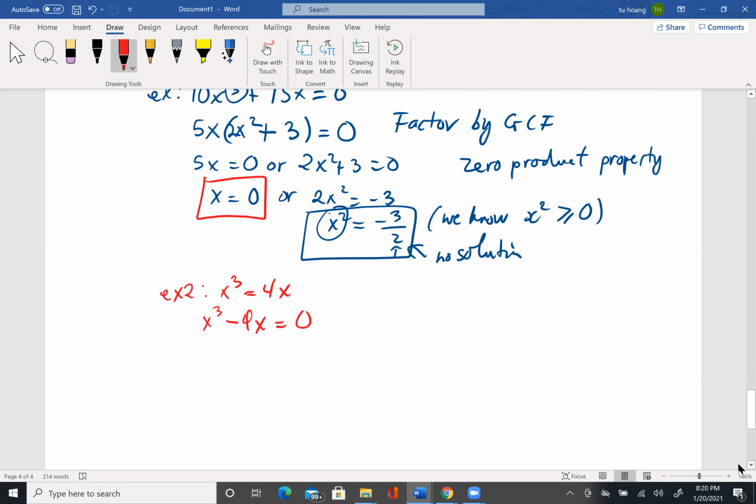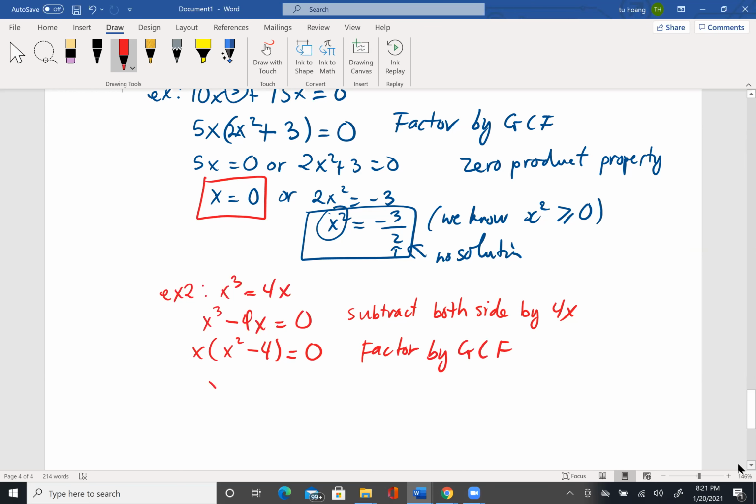And now you're just going to factor out x. And I have x times x squared minus 4 equals 0. So I subtract both sides by 4x, right? And here it's going to be factored by this step.